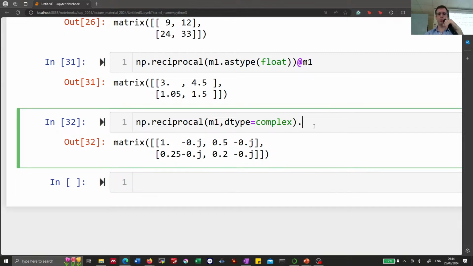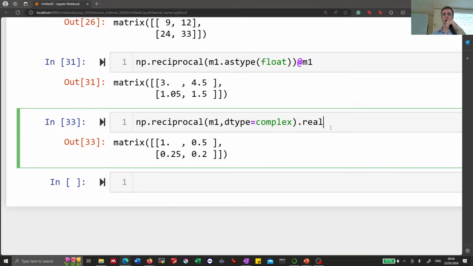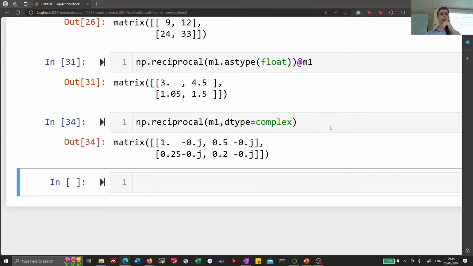And complex, we actually can take the real part, and then we get the same result. So far, so good. So if you forget this, right, astype, you always can use dtype in most function calls in NumPy to make sure that you have the right data type. If you ask for complex numbers, you get the real part, and j indicates the imaginary part.